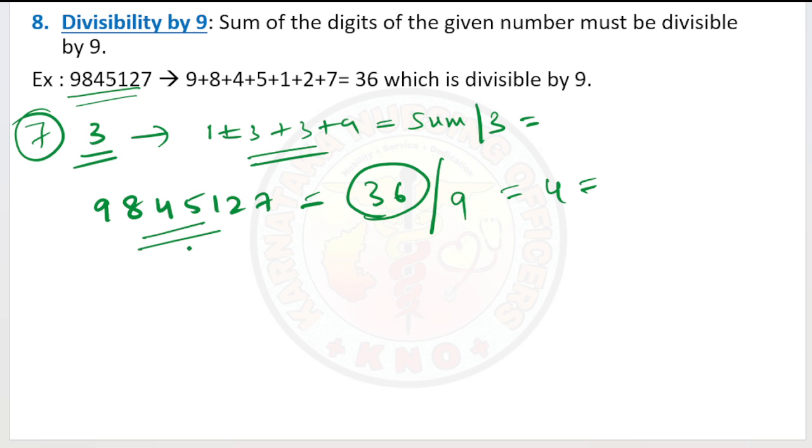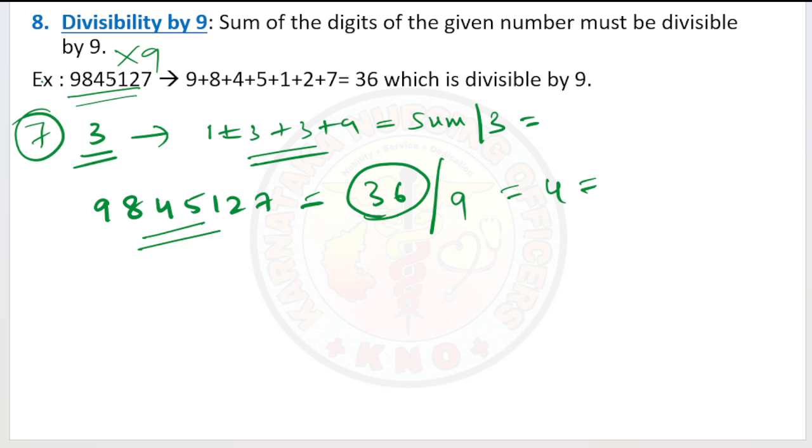Understood? It is very easy to check by doing the sum of the digits and checking whether that sum is divisible by 9 or not. If it is divisible by 9, then we can say that the number is divisible by 9. If the sum is not divisible by 9, then the number is not divisible by 9.